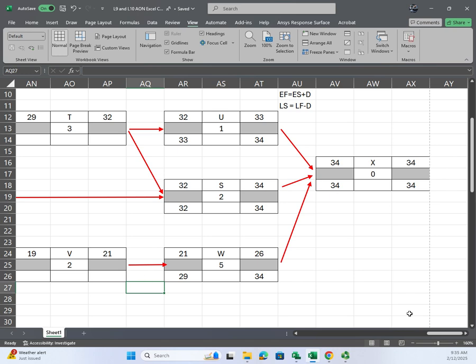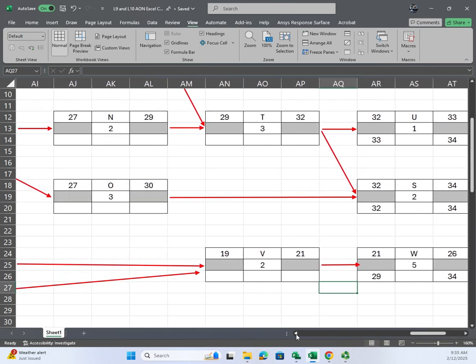Okay. All right, coming back to the left by a column or two. When I go to pick T's late finish, it's going to be what number? 33, the longest one. Okay. And my late start back here will be 30.